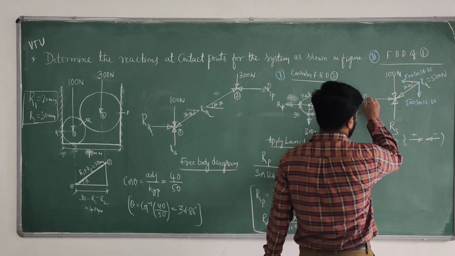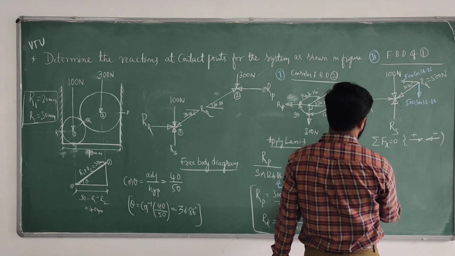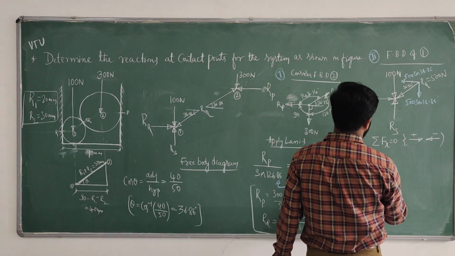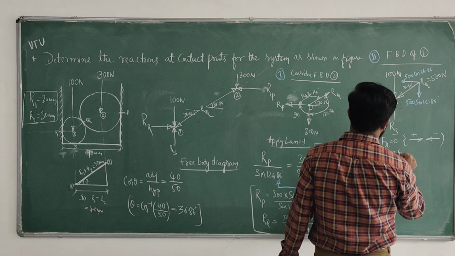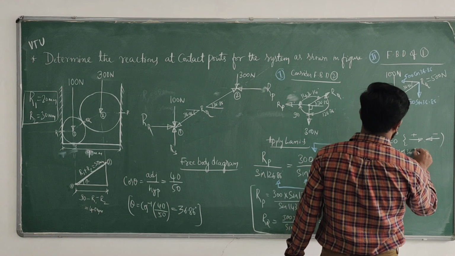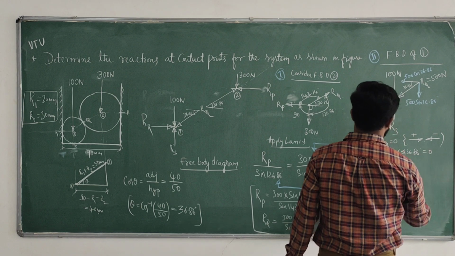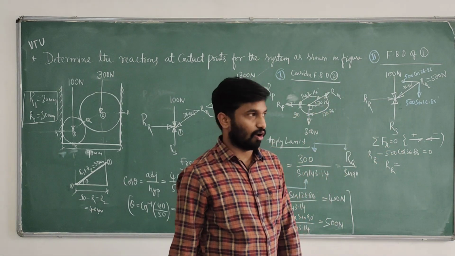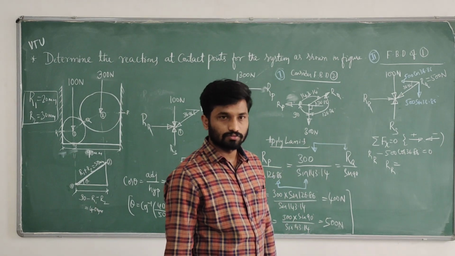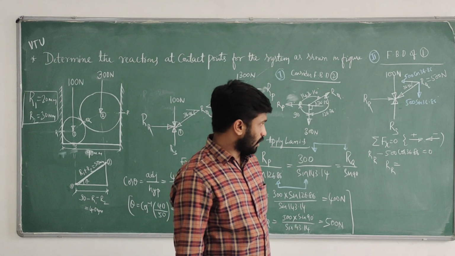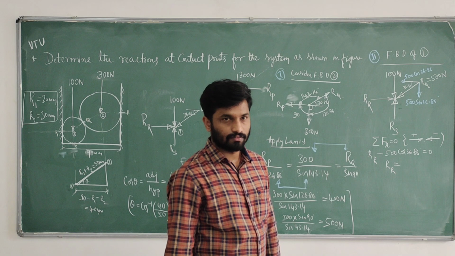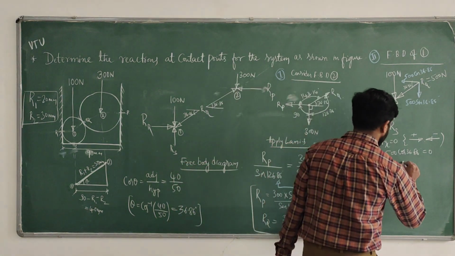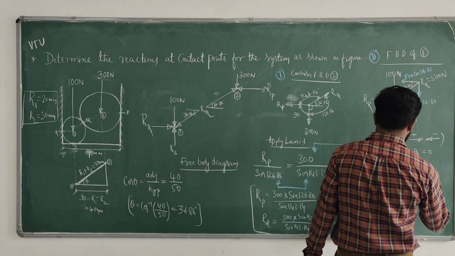Here there are only 2 horizontal forces. Therefore RR is positive minus 500 cos 36.86 equals 0. So RR equals 500 cos 36.86. How much? 400 Newton.